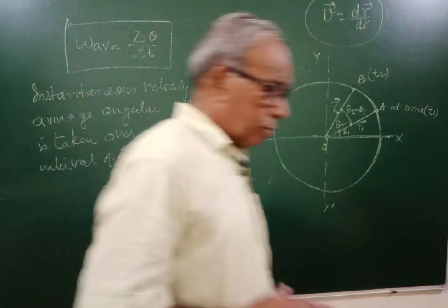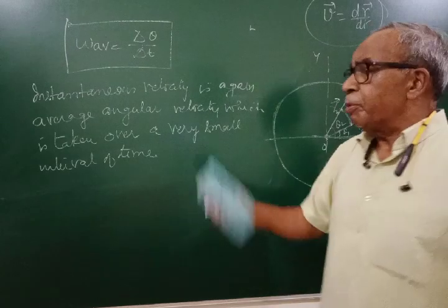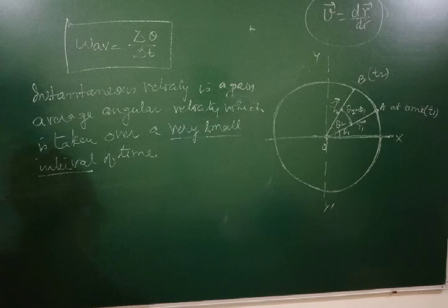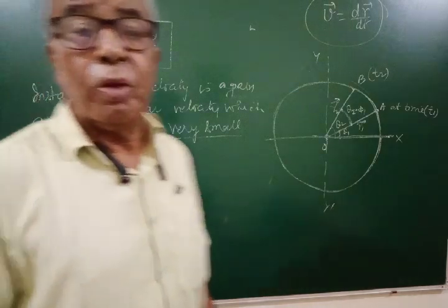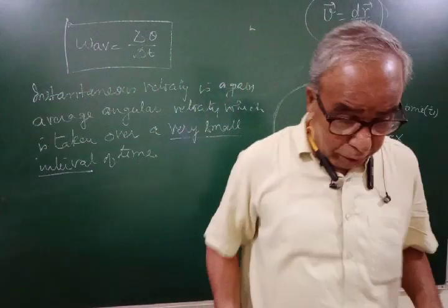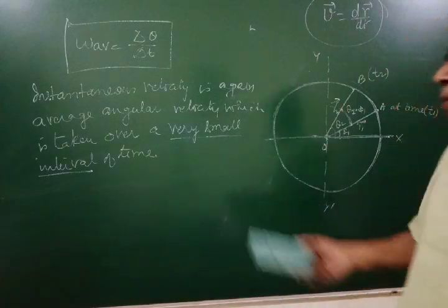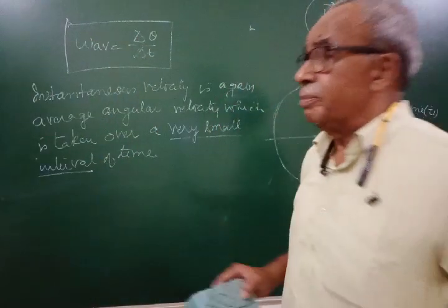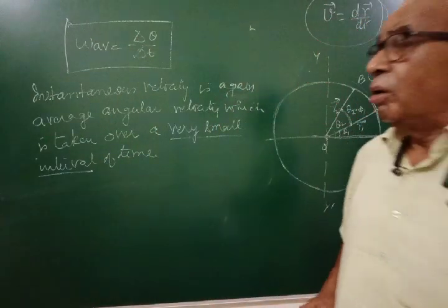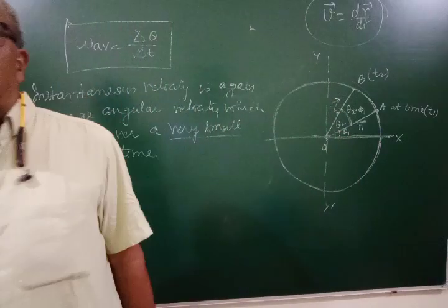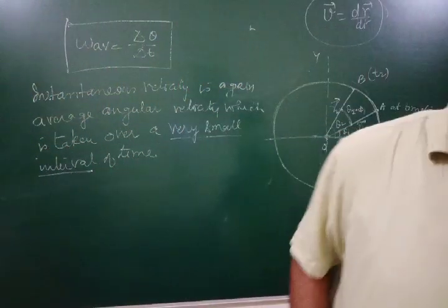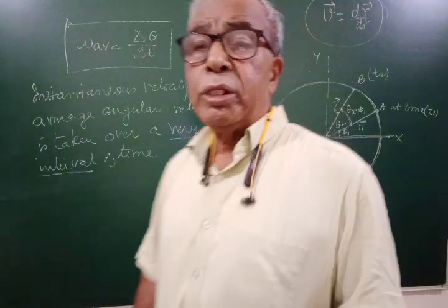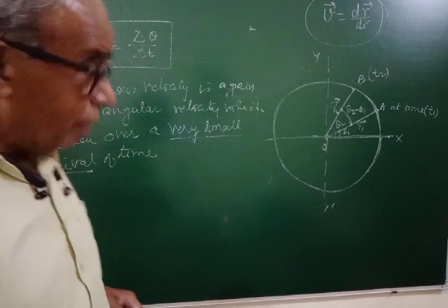I am very clear about this. People keep on saying infinitesimally small in place of very small, and that makes a lot of confusion. Small interval means an interval which is negligible compared to a big interval. For example, for an interval of 20 minutes, an interval of 10 seconds may be very small, because in that interval the change in velocity can be assumed negligible.